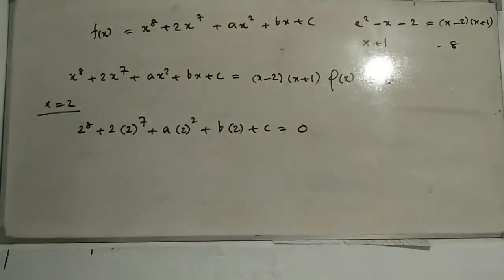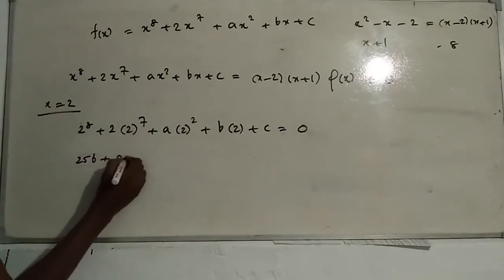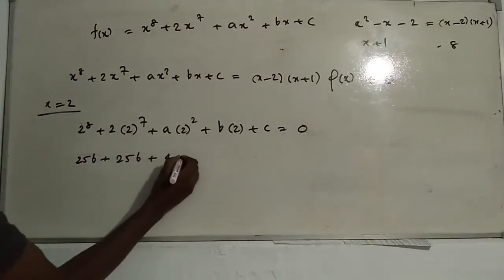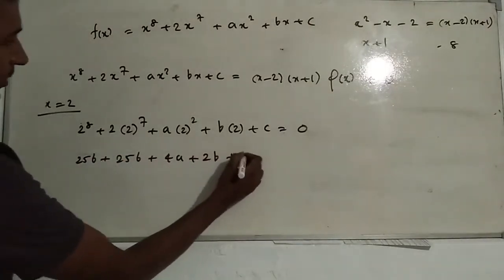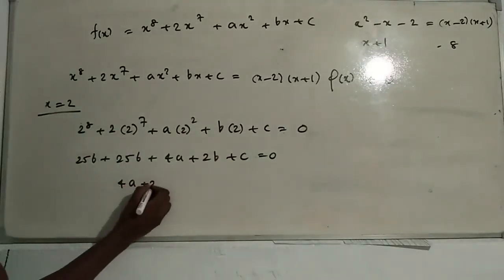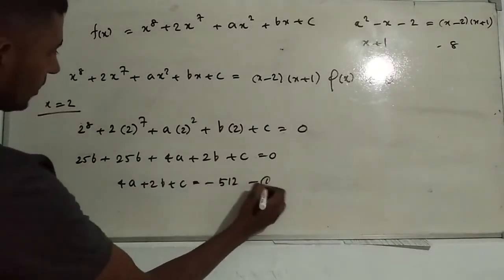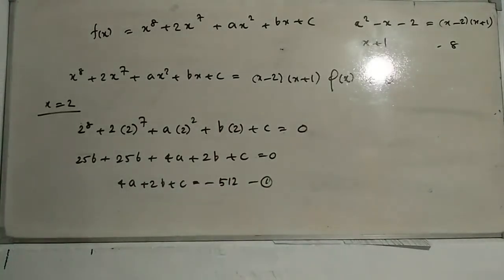We know that 2 to the power 8 is 256, plus again 256, plus 4a plus 2b plus c is equal to 0, right? Then I can write 4a plus 2b plus c is equal to minus 512. This is my first equation, right?